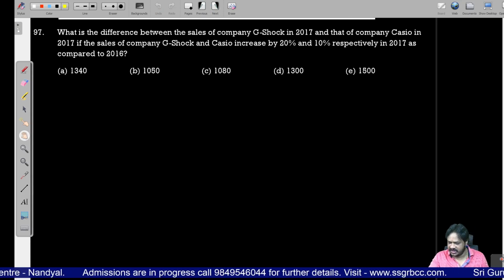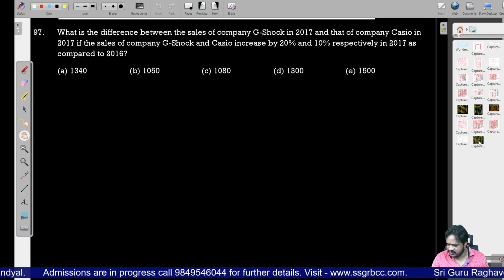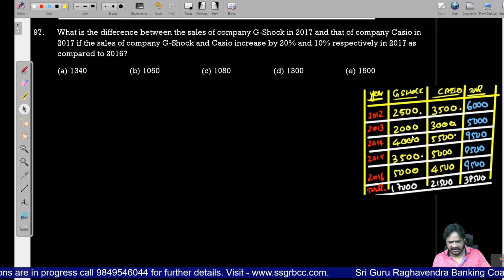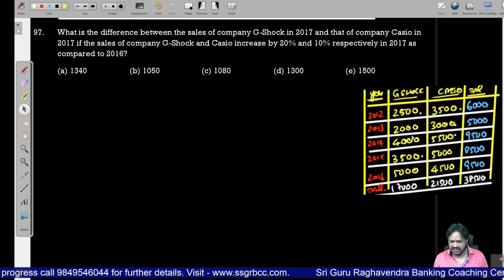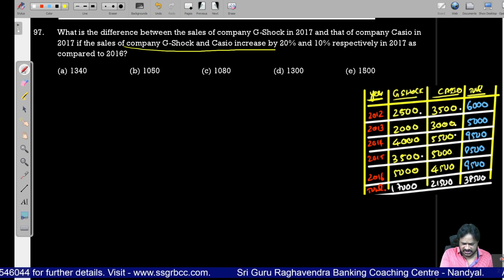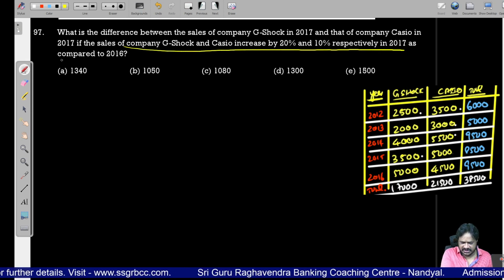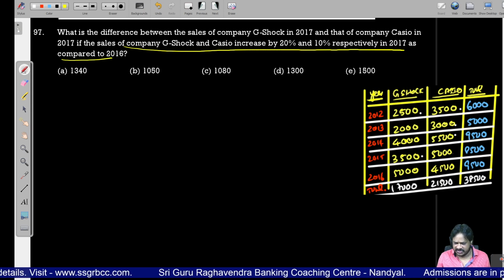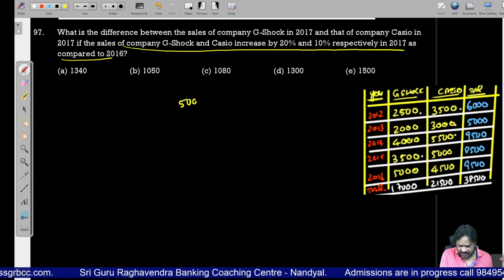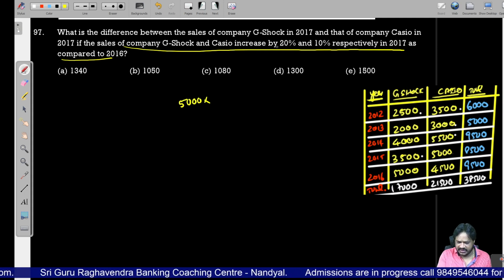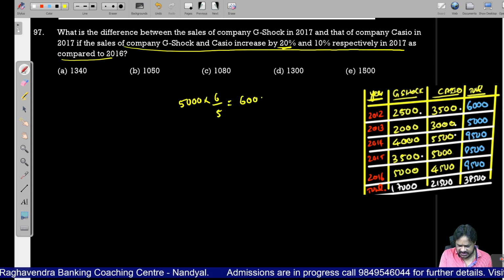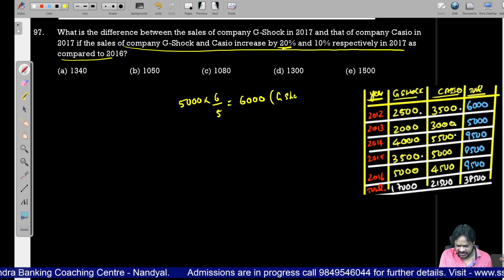What is the difference between G-Shock in 17 and Casio in 17 if the sales of G-Shock and Casio increase by 20% and 10% with respect to 2016? Now G-Shock in 2016 is 5000. It is increased by 20%, so it will be 6000. This is G-Shock value.